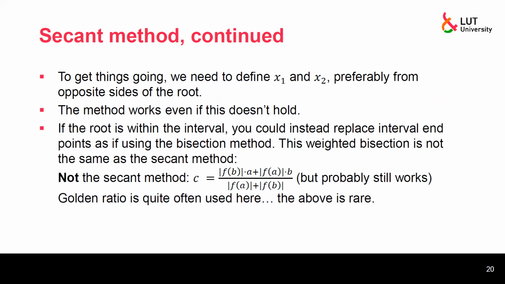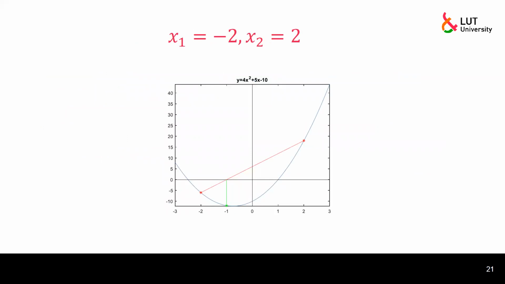What we're showing here in the not-the-second-method part is essentially a bisection method, but where the bisection is weighted by the distance from 0. So here, second method: at which point does it hit 0?